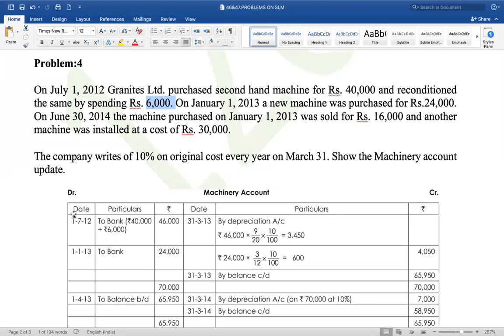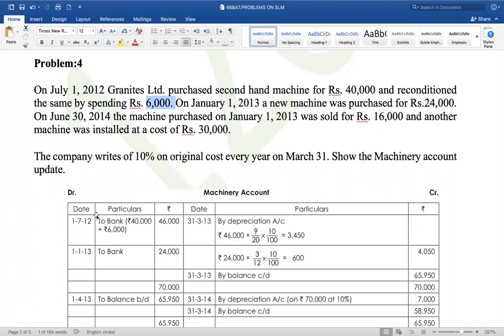Now, this machine is used for how many months? Let's calculate. July of last year, 2012, July, August, September, October, November, December of last year, 6 months, and January of this year, February of this year, March of this year.